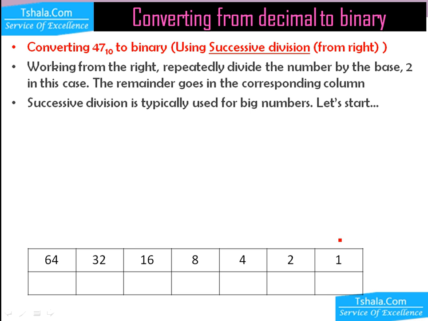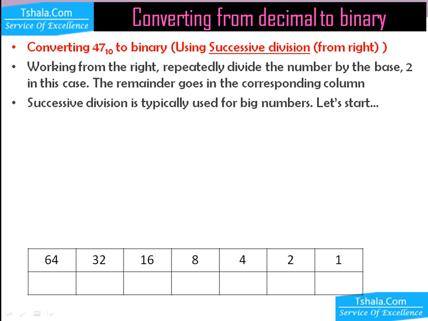So we have 1, 2, 4, 8, and so on, as we've done before. Now, the way this works is that when we divide the number by the base, which in this case is 2, the remainder goes in the corresponding column.